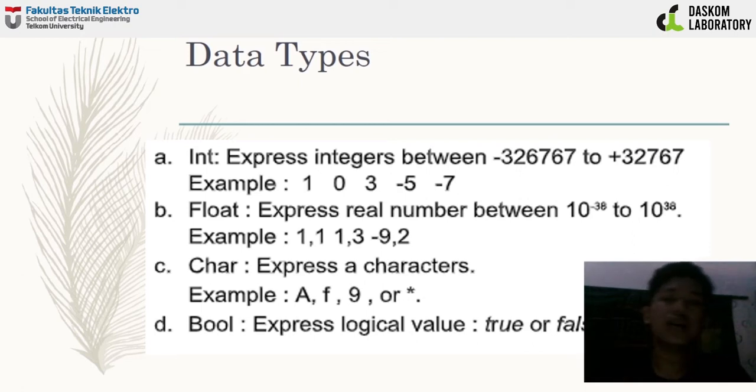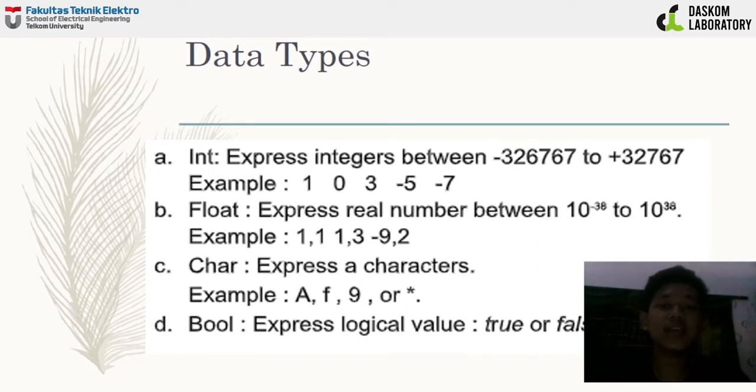If a character contains 9, the 9 here is not acting as a number, but as a symbol. The same goes for a star symbol; you can use it in the character data type.